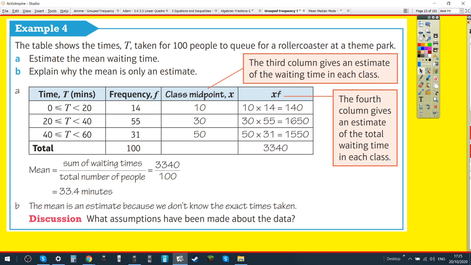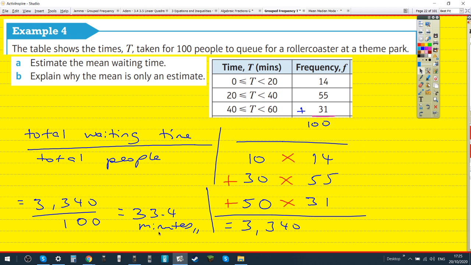And why is this just an estimate of the mean? Because you can't figure out the actual mean.